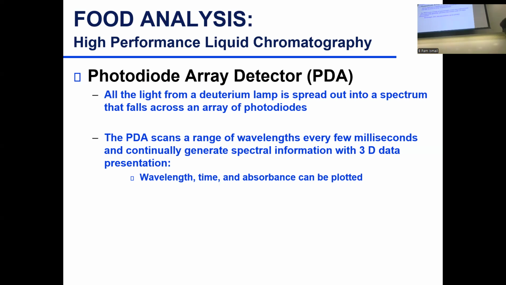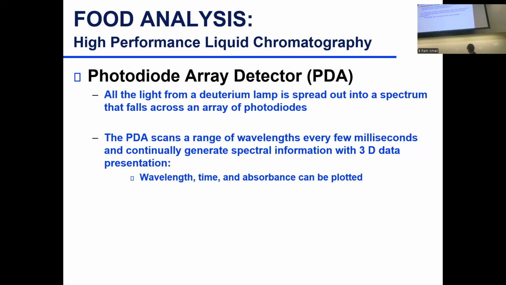But what I want you to know is really in PDA, photodiode array detector, you are sending all of the light to the sample, and the sample is absorbing at multiple wavelengths. Let's say this is 0.